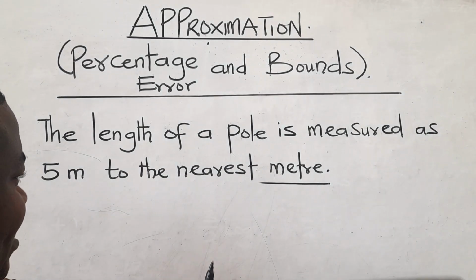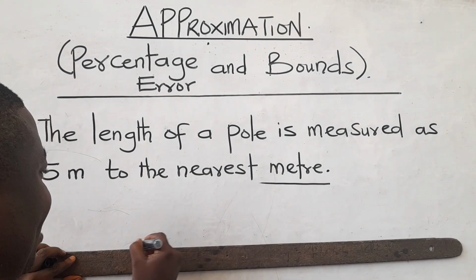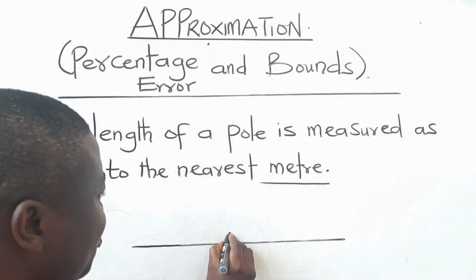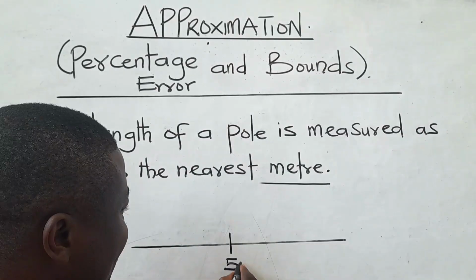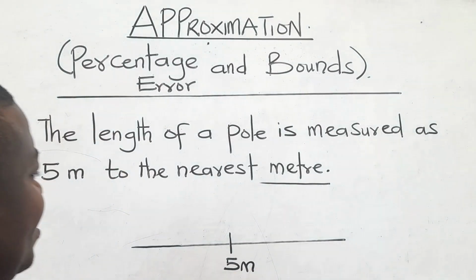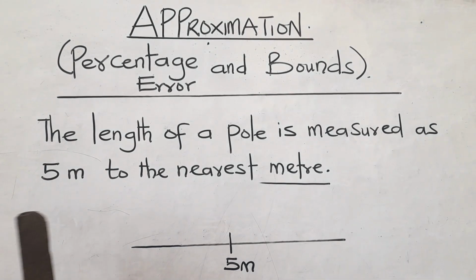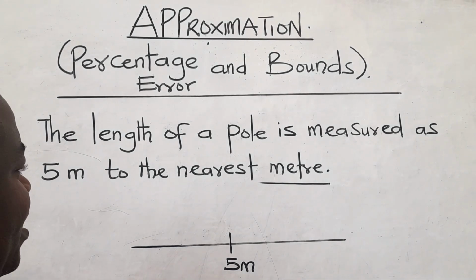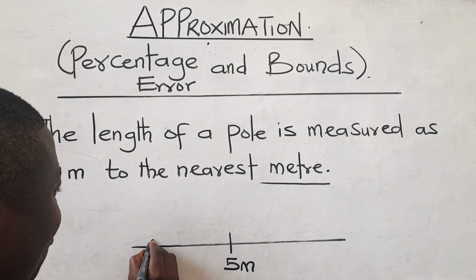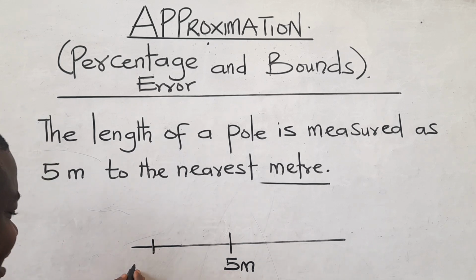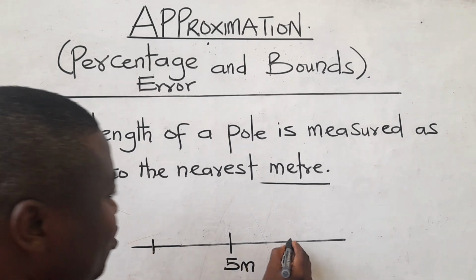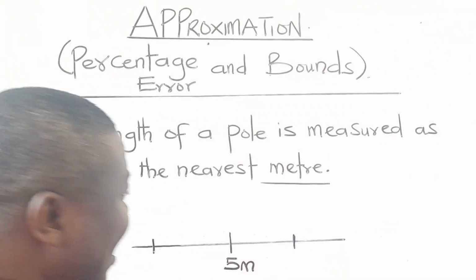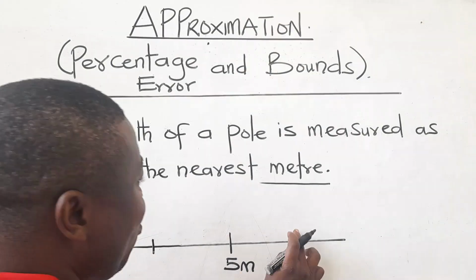This is saying that if you have a flagpole and you've measured it to be 5 meters, it means the difference from the lowest point it can give you to the highest point it can get to is 1 meter.